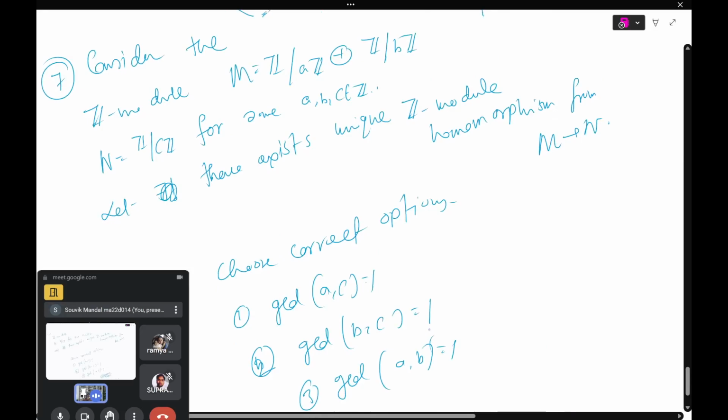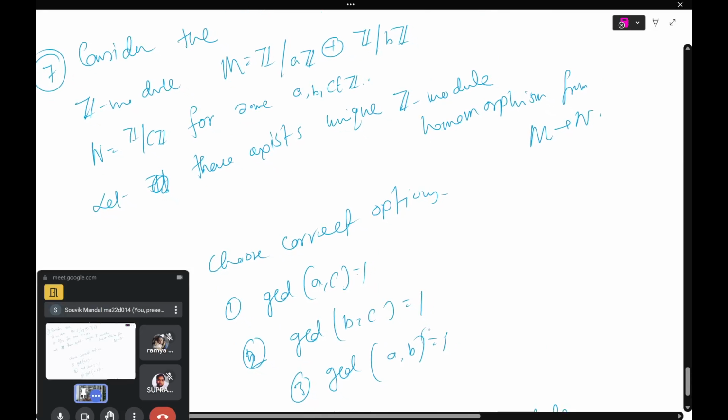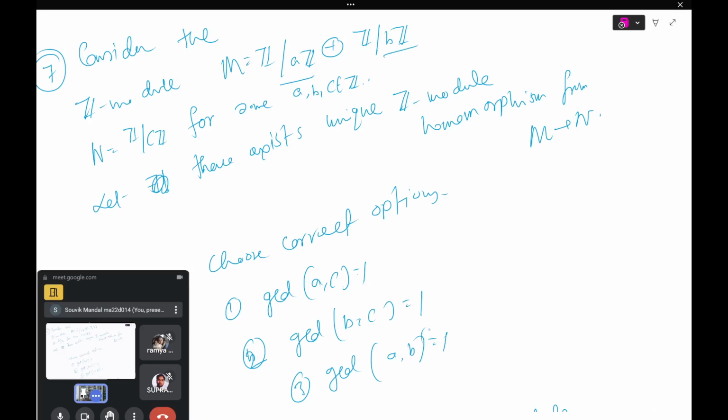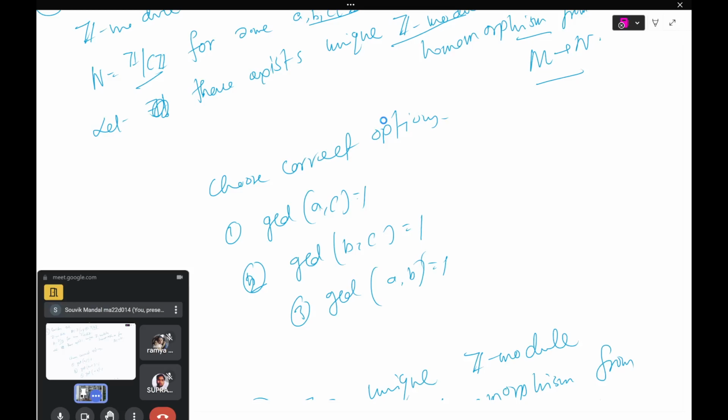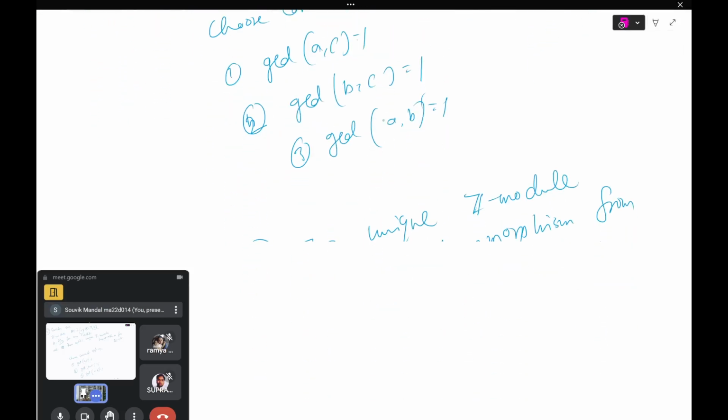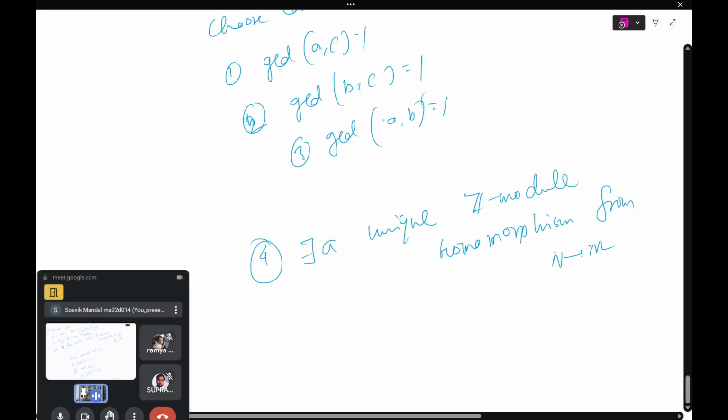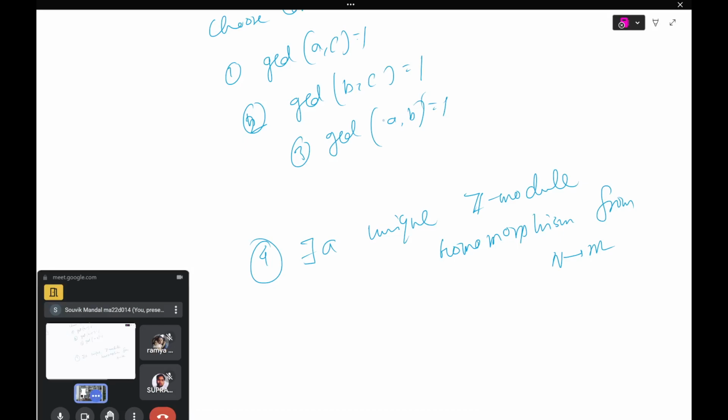So let me give the last question. M is given to be Z/AZ direct sum Z/BZ, and N is given to be Z/CZ, for some A, B, C inside Z. Suppose there is a unique Z-module homomorphism from M to N. These are the four options: GCD of A and C is 1, GCD of B and C is 1, GCD of A and B is 1, and the fourth option is that there is a unique Z-module homomorphism from N to M. Now think about which option should be correct and why.